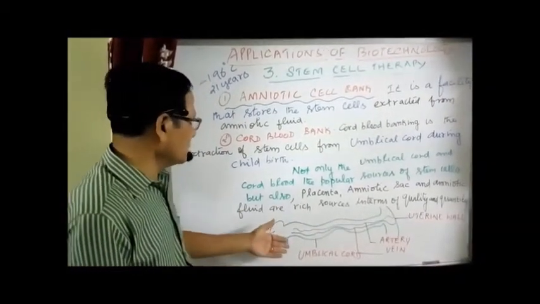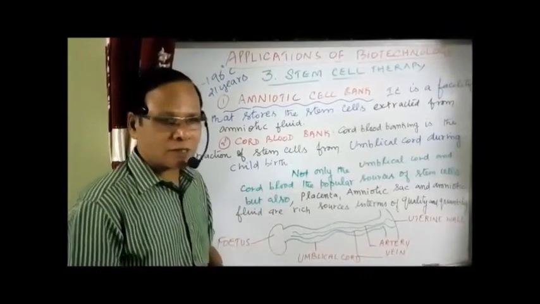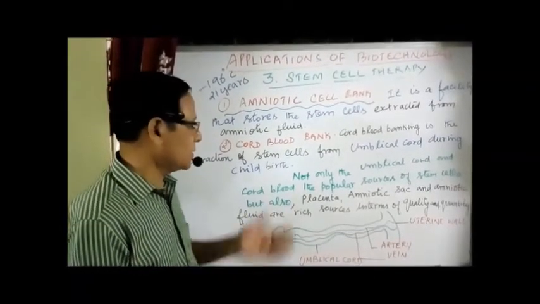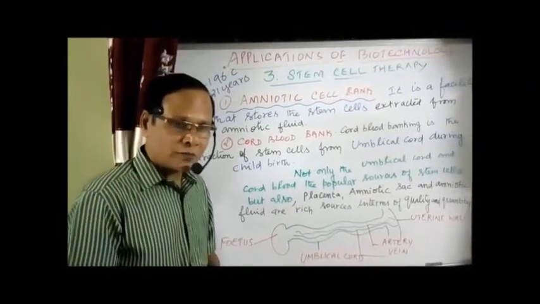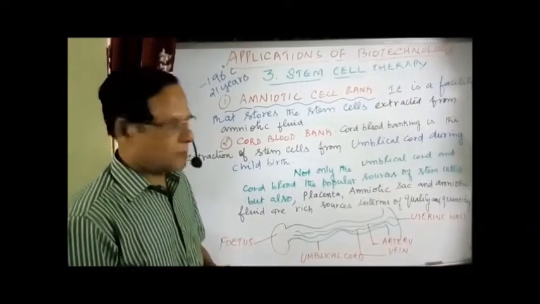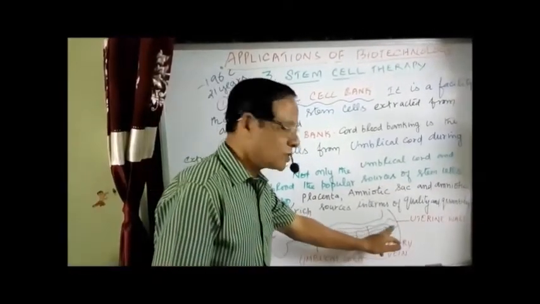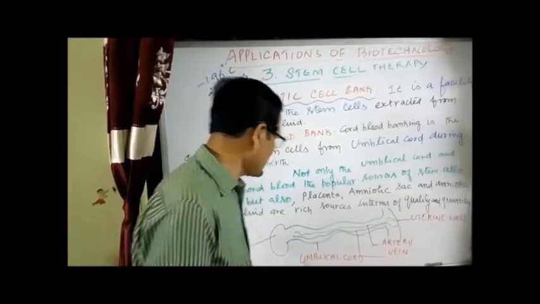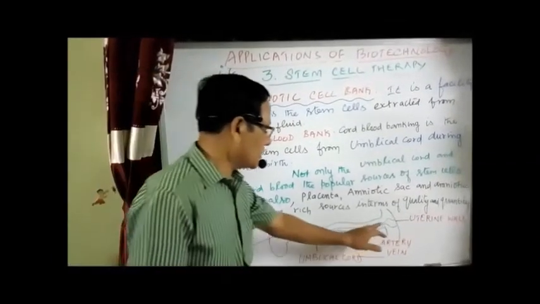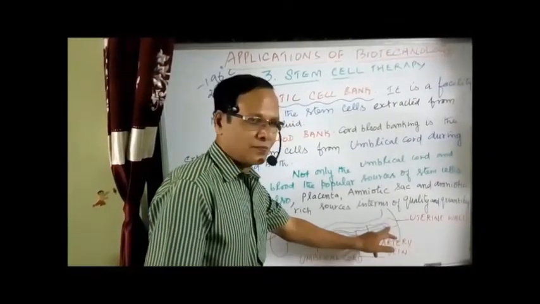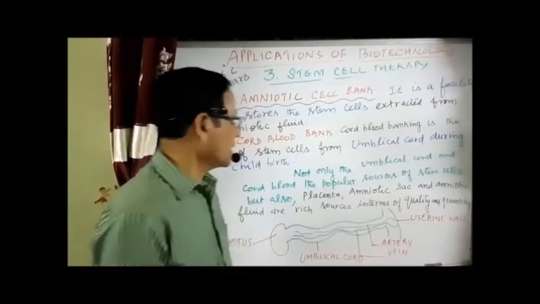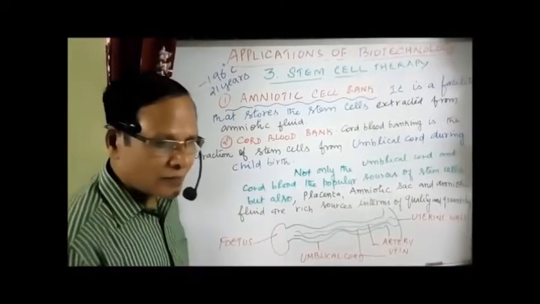So not only do we collect stem cells from the umbilical cord and cord blood, but also cells from the placenta, a vascular connection between the uterine wall of the mother and the fetus. Normally the umbilical cord arises from the placenta, present in the uterine wall. The amniotic sac is the sac covering the entire embryo.